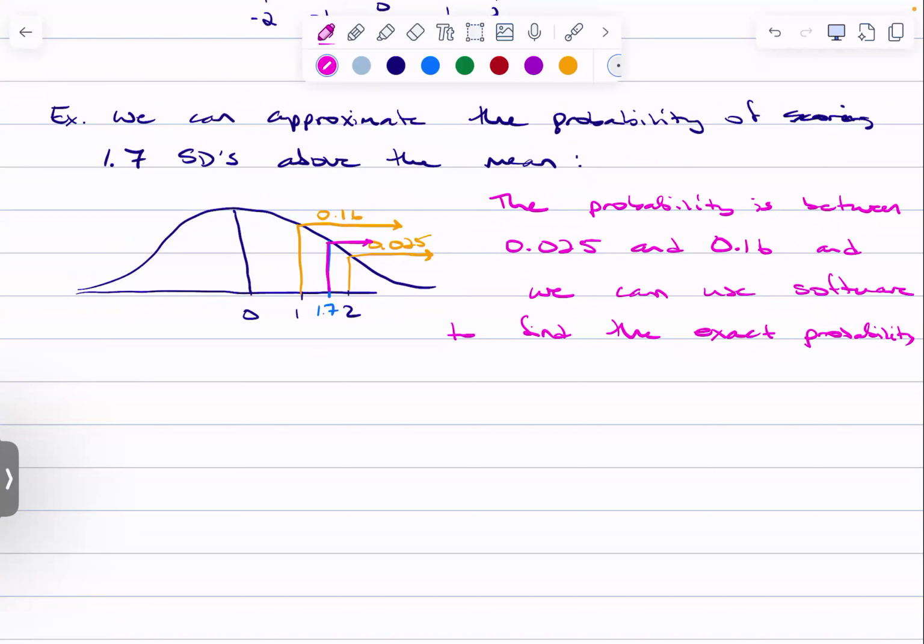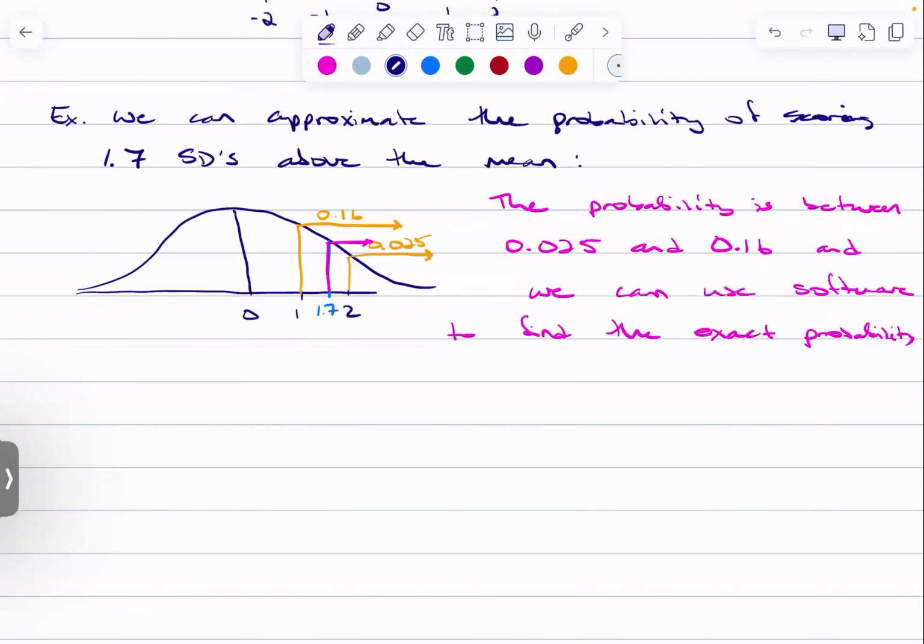So most people aren't pleased with that approximation, somewhere between 0.025 or 2.5% and 16%, right? But it is how we can use the 68, 95, 99.7 rule. What do you think the 99.7 is? Probably 3 standard deviations away, right?